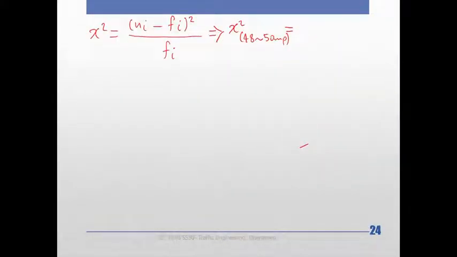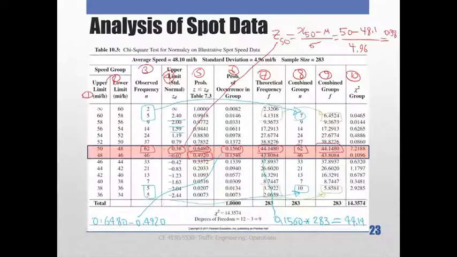So basically this should equal to 62 minus 44.1480, all squared, divided by 44.1480. And this will get you a chi-square of 7.2 for that guy. So this is basically the 7.2 we got in here.